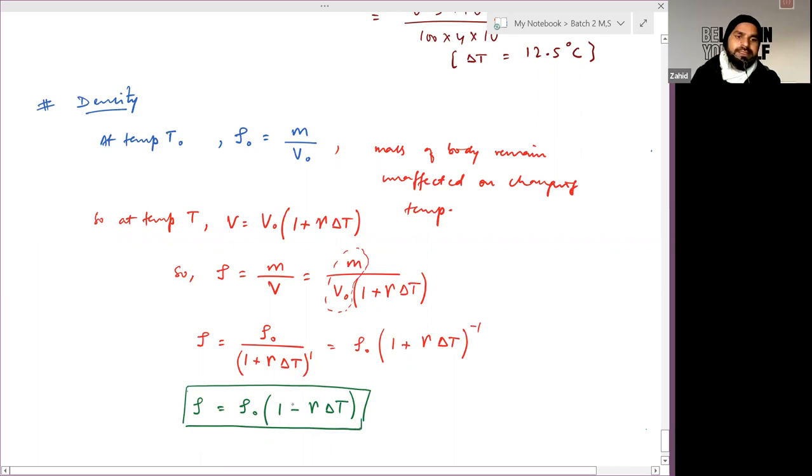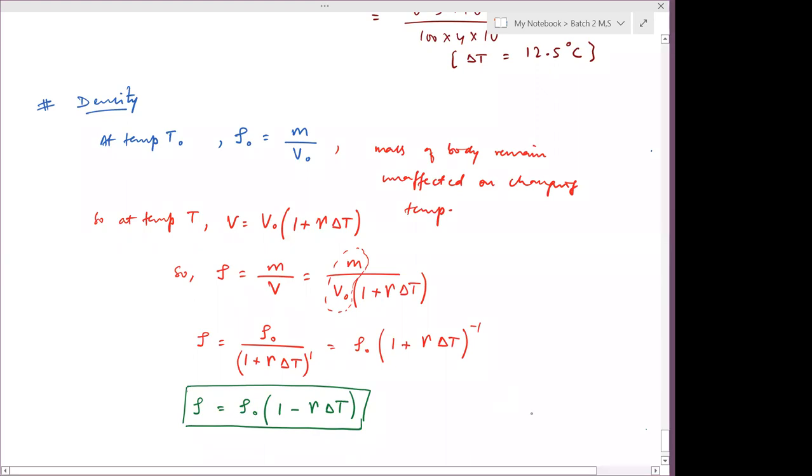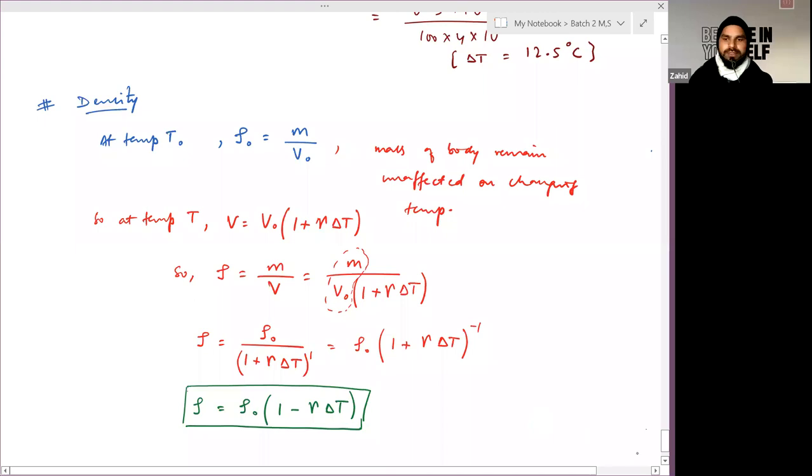So we can say this minus sign shows that on increasing temperature, density of body will decrease. Is it clear? Yes, sir. Okay, just write it down.